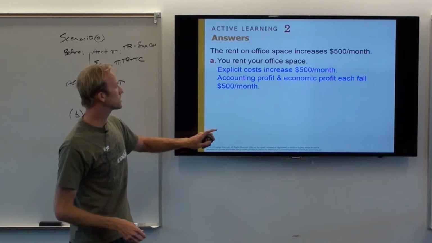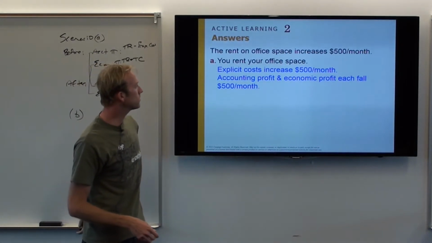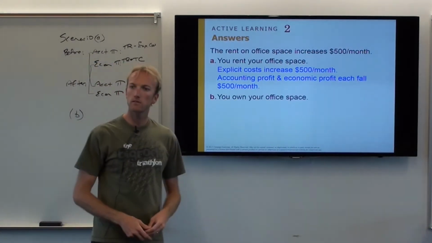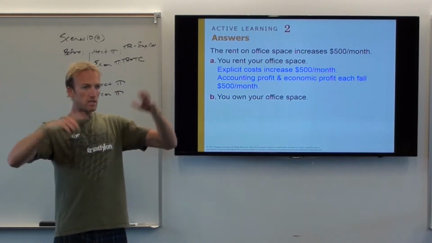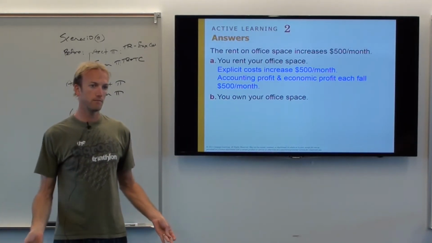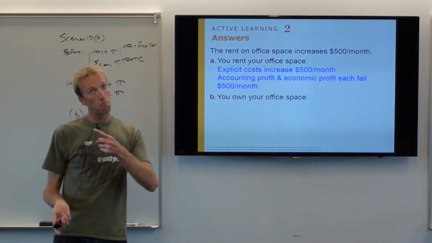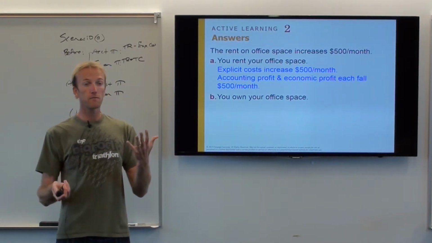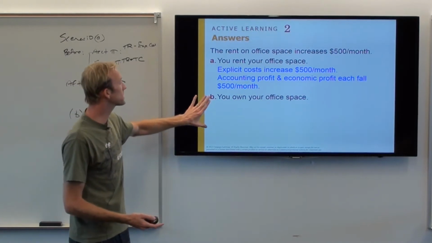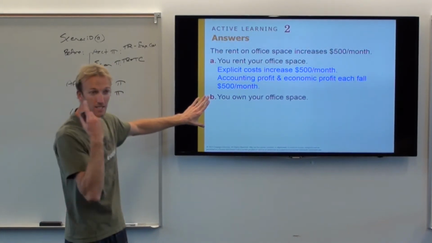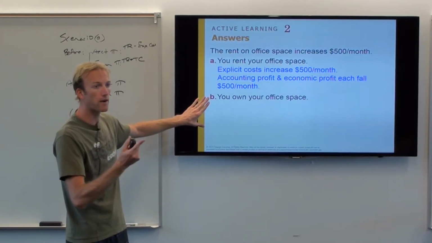Let's do scenario B, which is where you own your office space. Rents are going up. Do you care? No? Yes? This is what I want you guys to think about, right? Because this is the tricky question. Do you care?